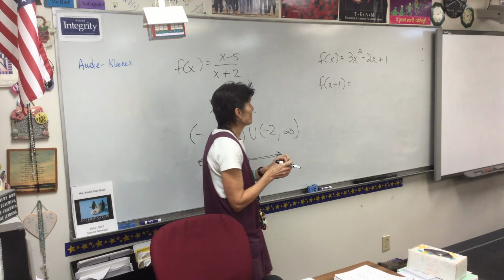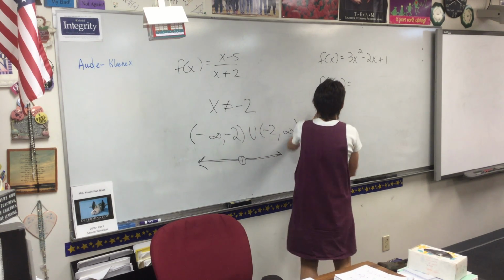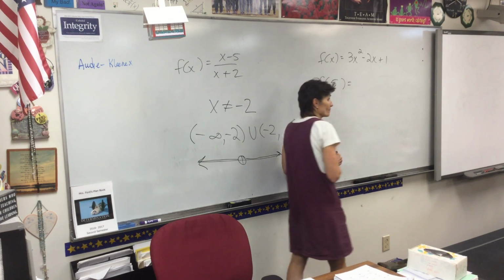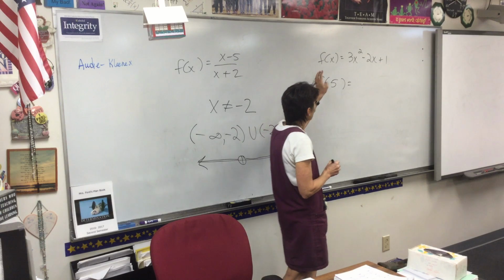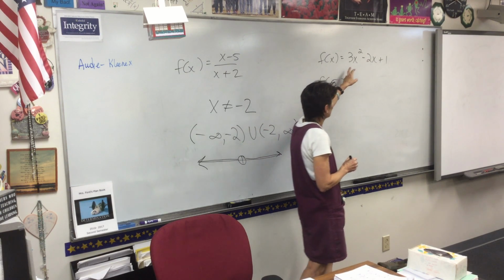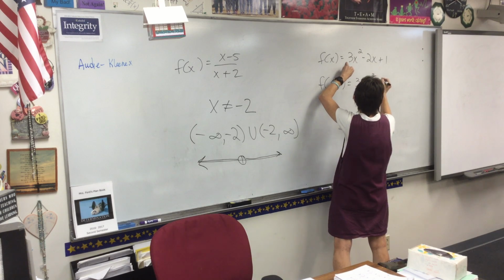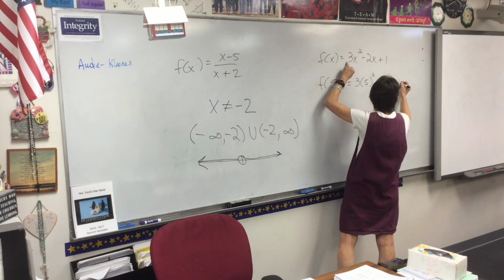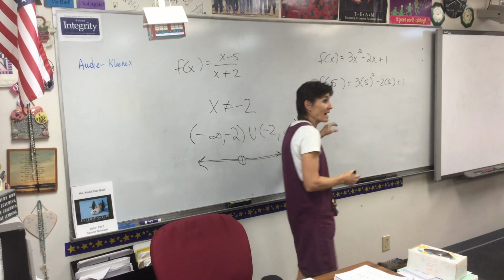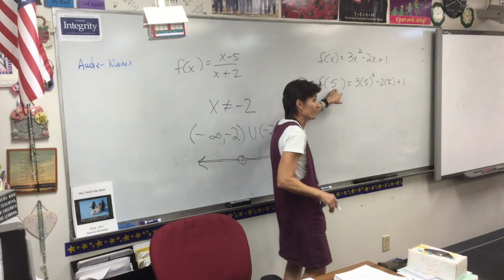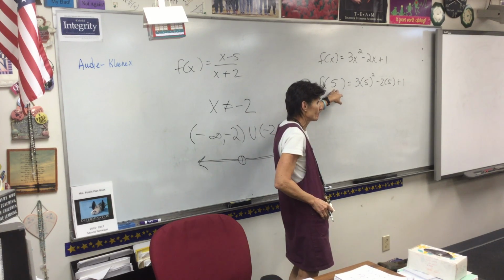If I had said, let's find f of 5, everybody in the room would have said, okay, 3 times 5 squared minus 2 times 5 plus 1, right? That's how we do functions. We take out the x and plug in whatever number we have.